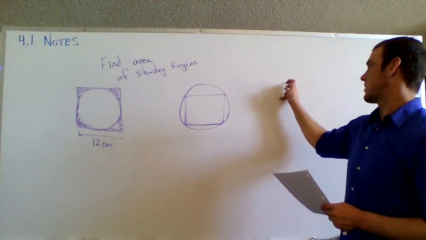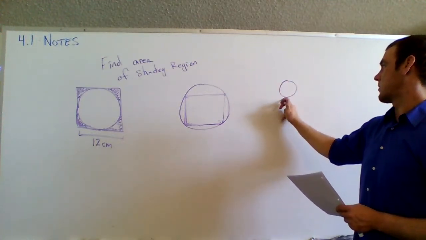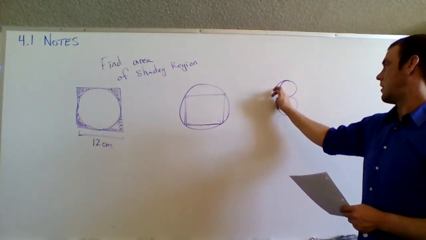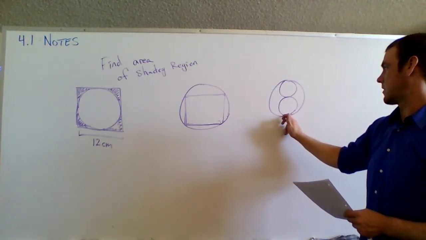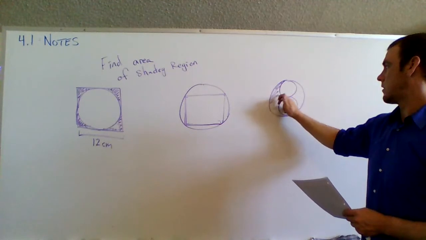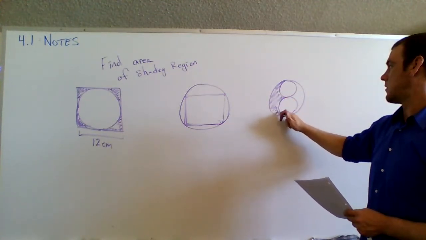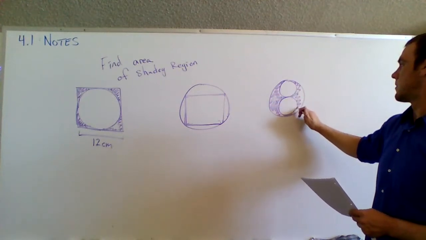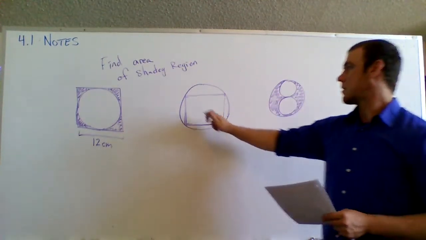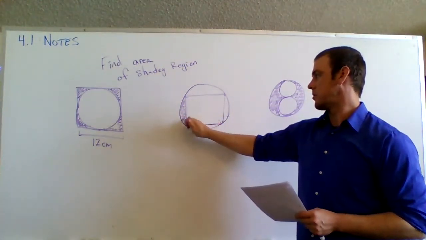And our next one's going to be two circles, all inside of a third circle. So these end up touching down there. Okay, and I didn't color this in, but that's going to be your shady region.